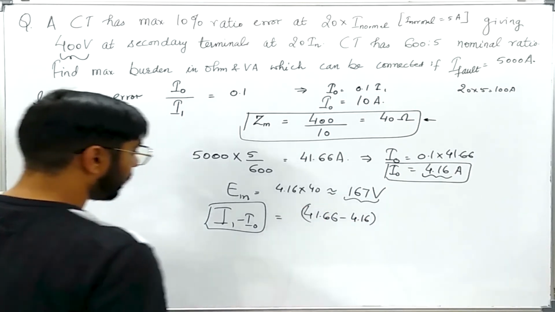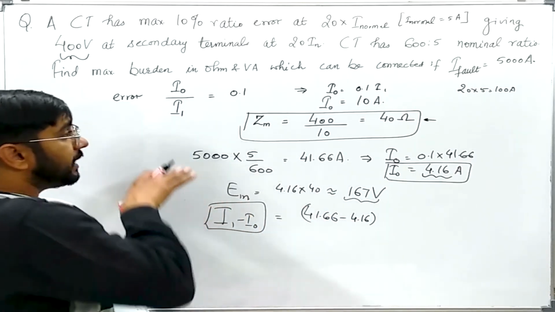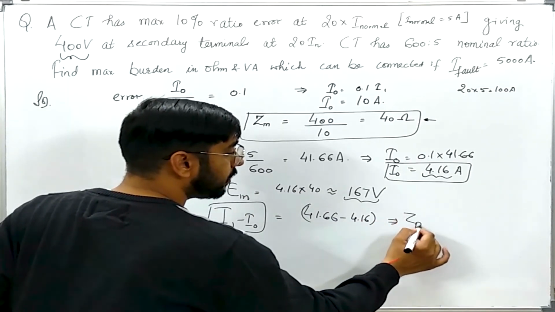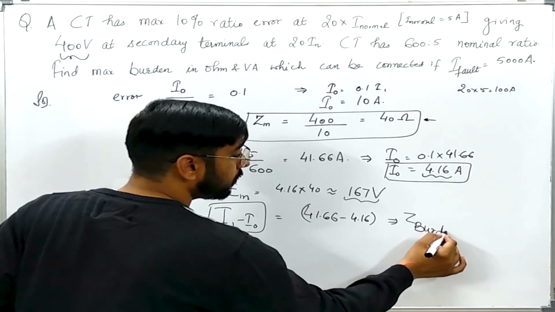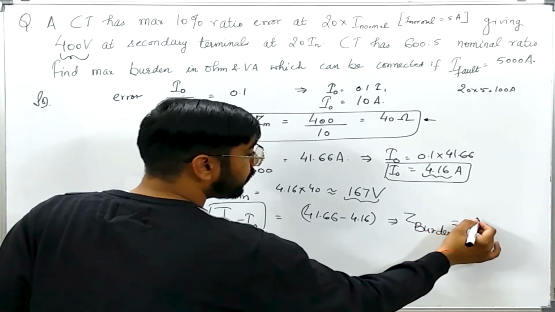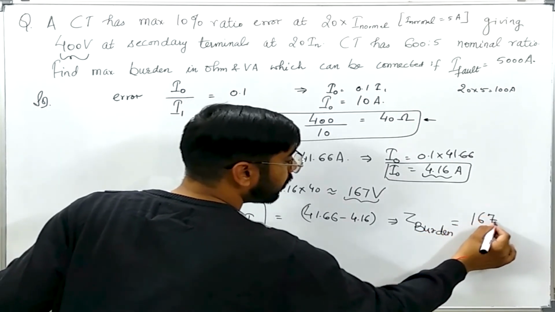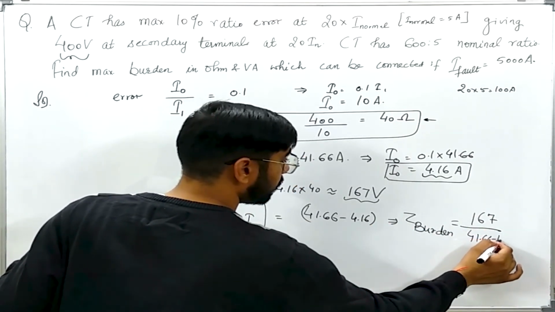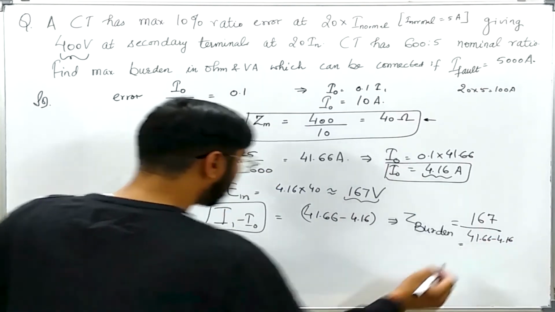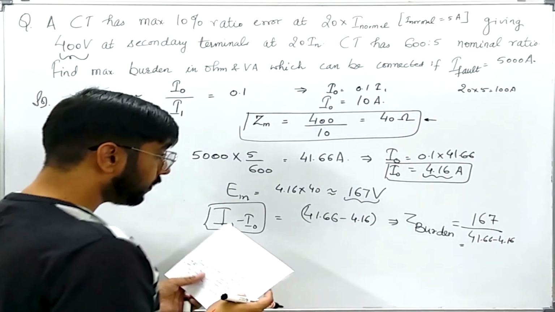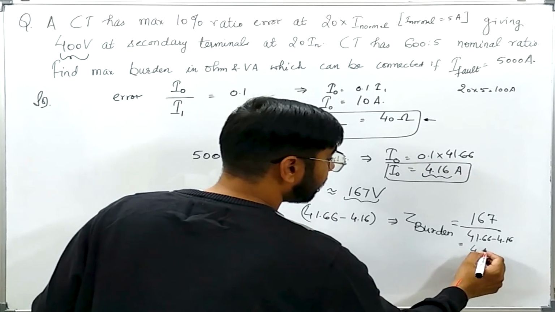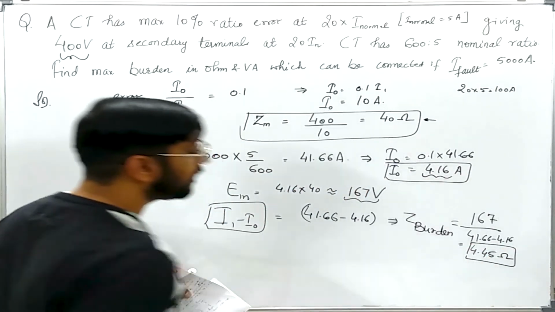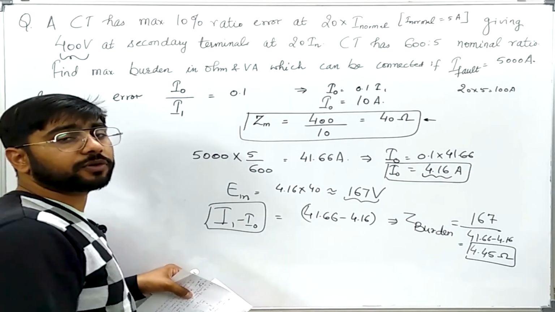So the current flowing in the burden will be this difference. It implies Z burden will be equal to 167 over this current, and it comes out to be 4.45 ohm. So in this way we can see that the burden can be 4.45 ohm.